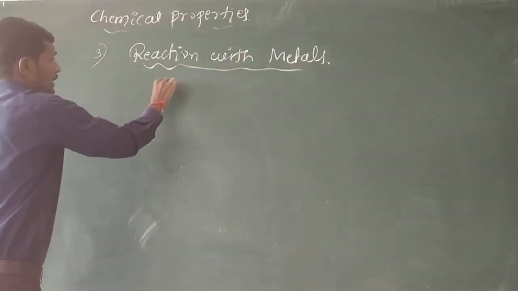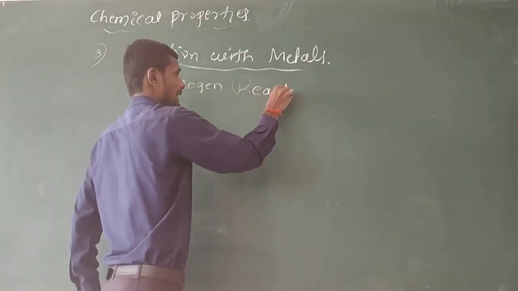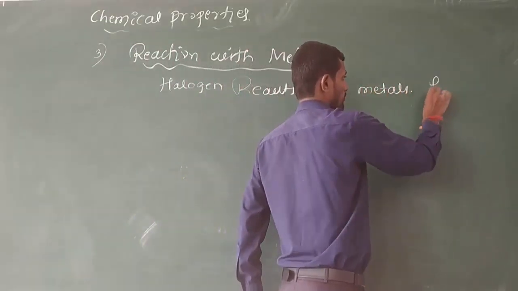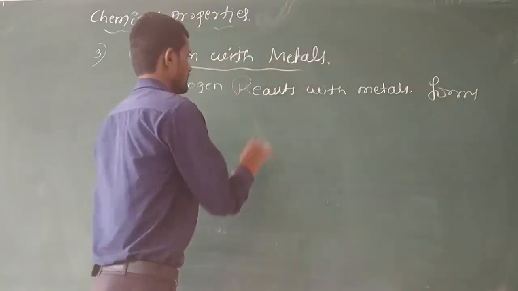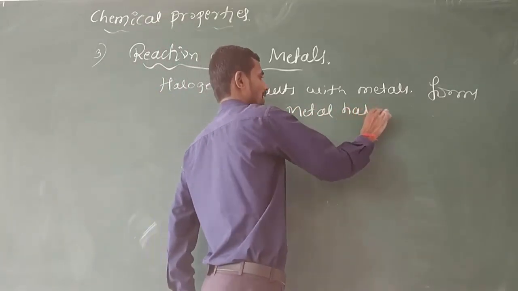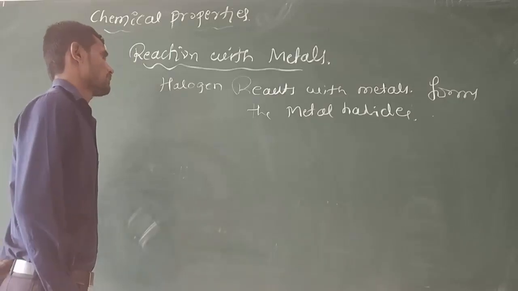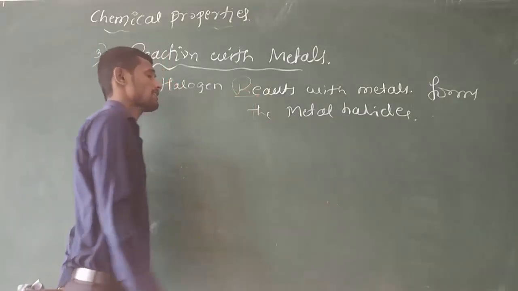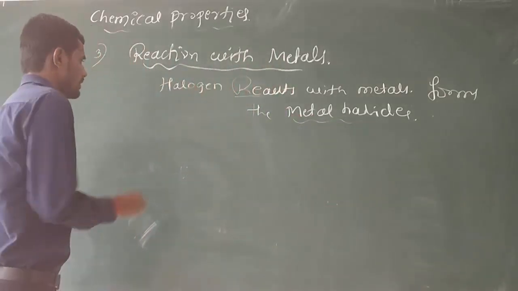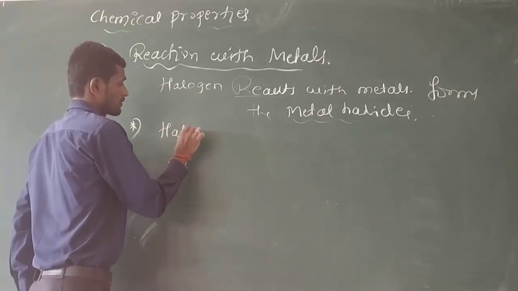Students, remember, halogens react with metals and they form metal halides, like NaCl, AlCl3, etc. And here, one more important point to remember: halides.